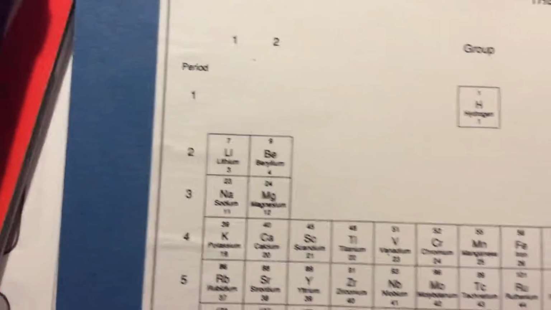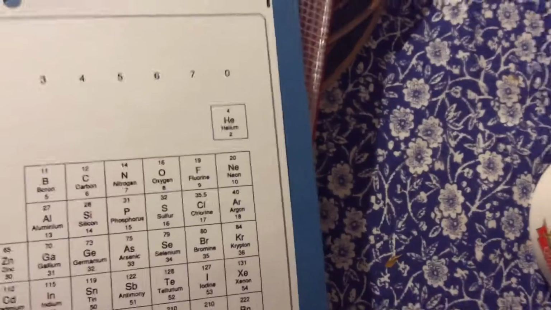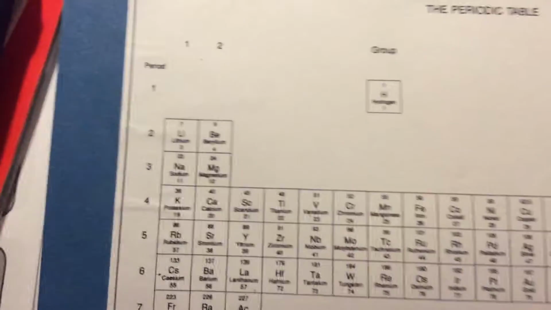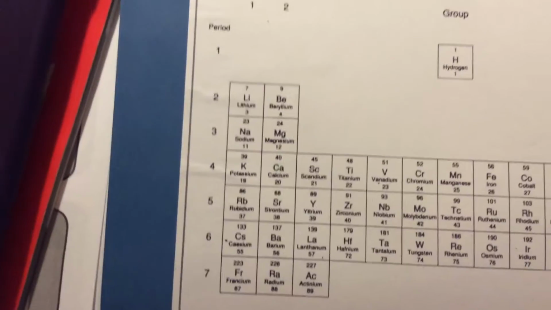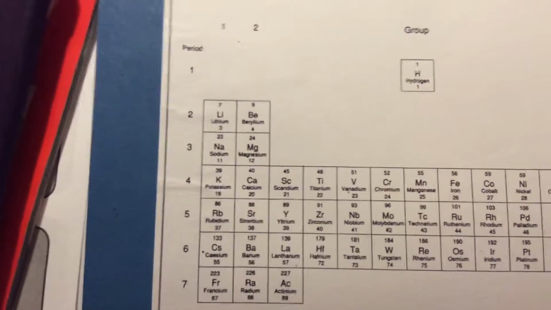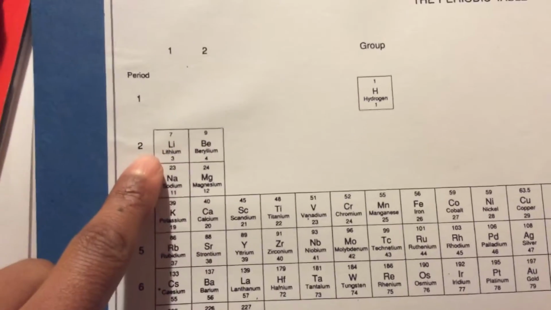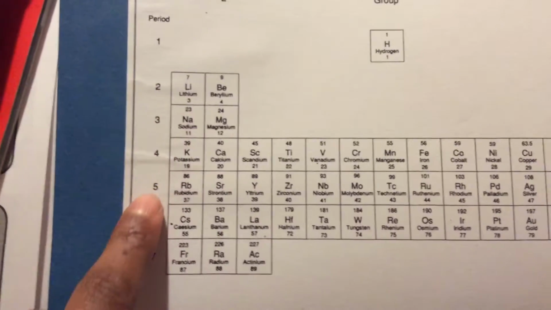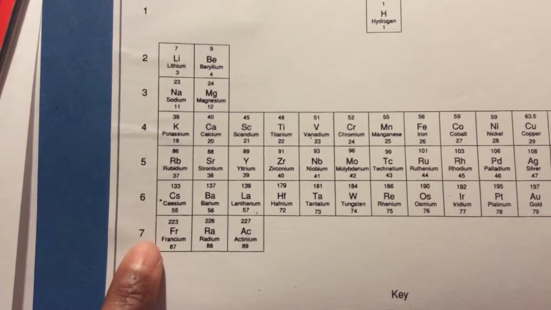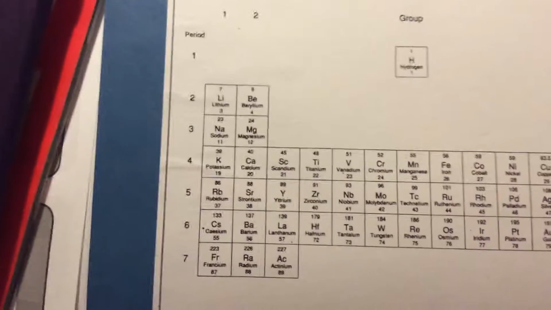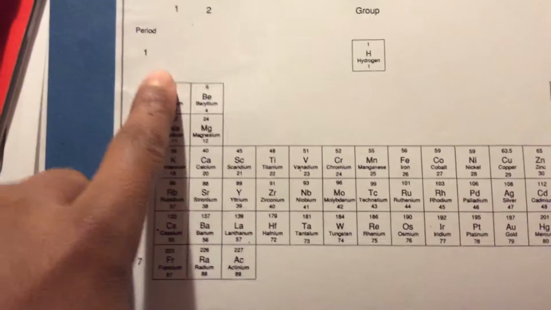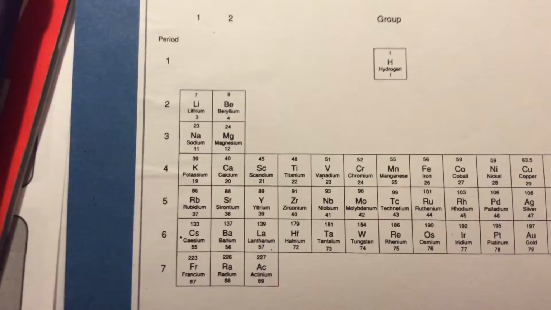Now, in group 1 and group 7, these are all fairly reactive. Now, group 1, its reactivity goes down like this. At the top, lithium is the least reactive, all the way to the bottom with francium, which is the most reactive. Now, there is a very simple reason for why it changes in reactivity.